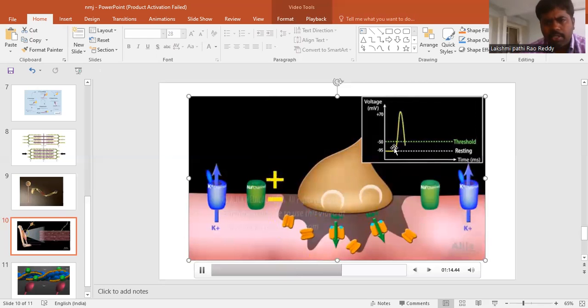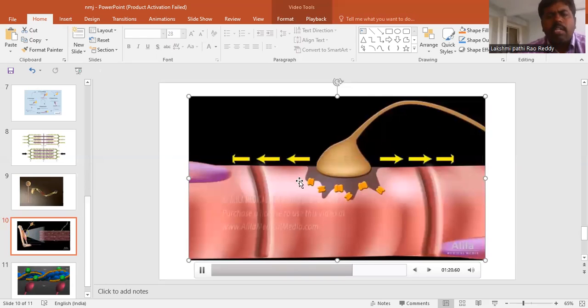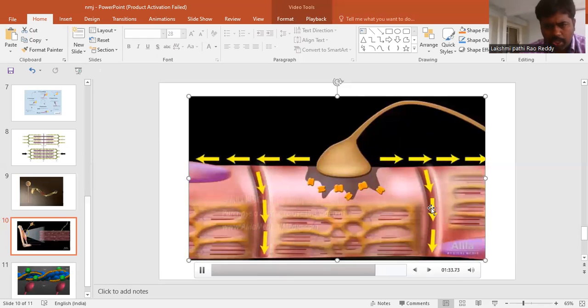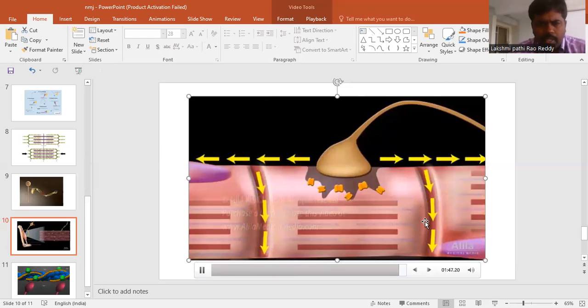We can say this is depolarization. And this action potential spreads throughout, and these are the T tubules, transverse tubules, into which the action potential enters. This type of action potential is spreading everywhere in the sarcoplasmic reticulum.